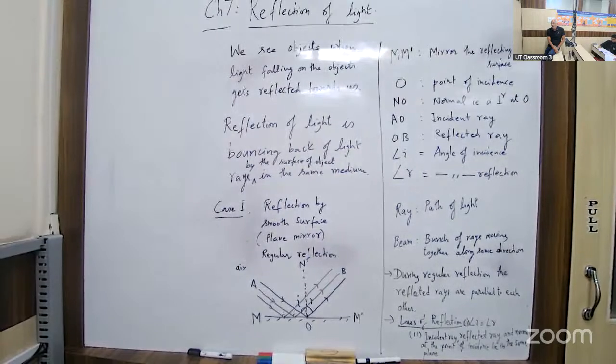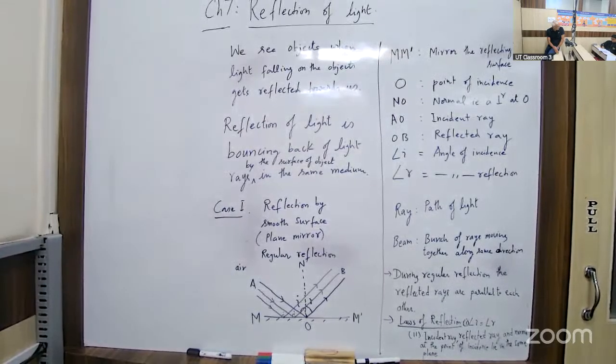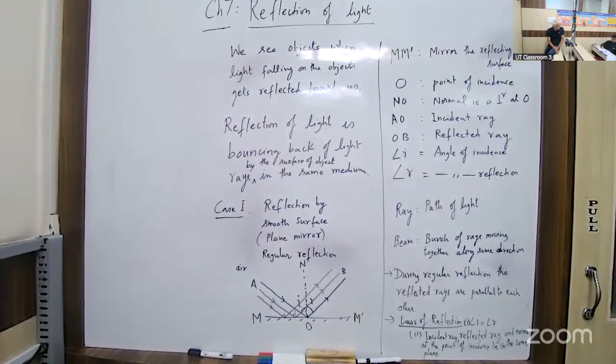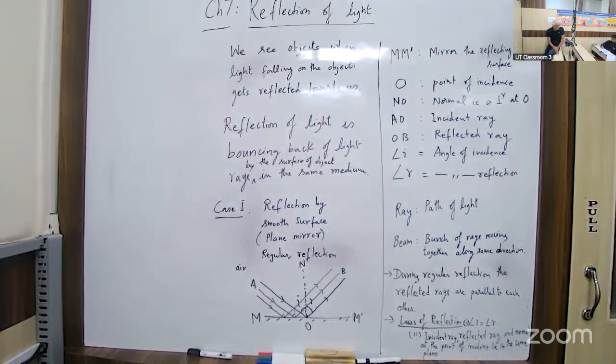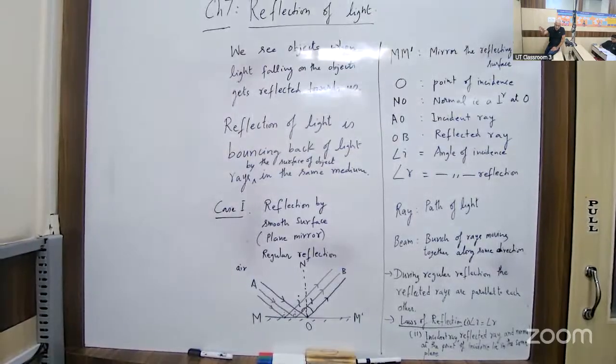So how have you constructed the reflected ray? You require normal. Without normal, neither can you make angle of incidence nor angle of reflection. So what is the normal on the plane surface? Perpendicular.